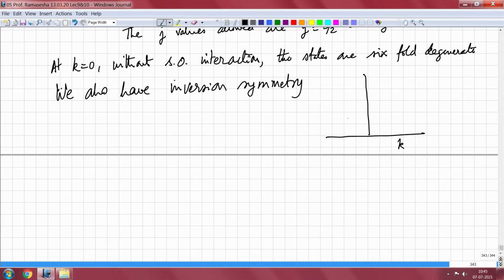K, and then I have a J equal to half state, and then I have J equal to 3/2 states. So I have this degeneracy of E k plus J equal to 3/2 equal to E k minus J equal to minus 3/2 and so forth.